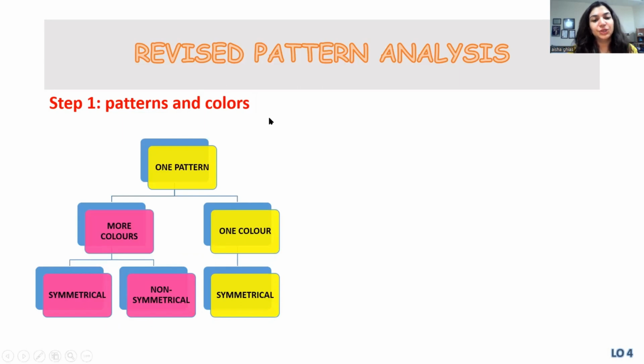As I just told you, what is a pattern? A pattern is the repetition of the same structure, and it is there in more than 20% of the surface area of the lesion you're seeing, okay? So the pattern is the repetition of the basic structure. And what was the basic structure? The basic structures that we revised with the help of our hands, our fingers, there were 5 basic structures.